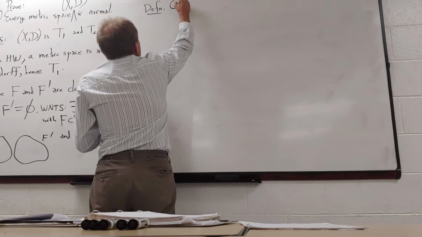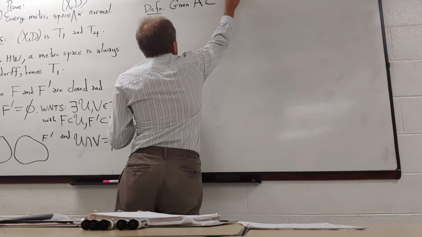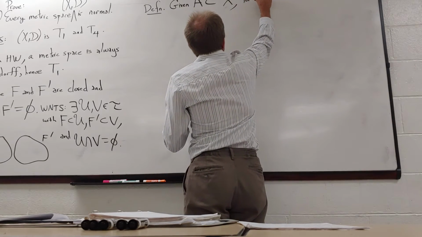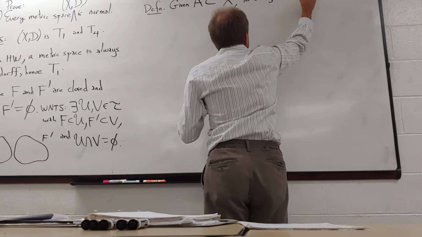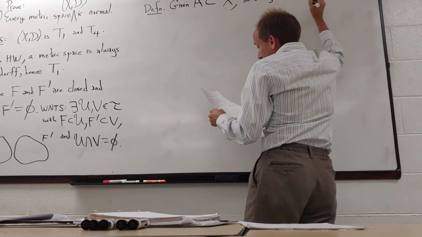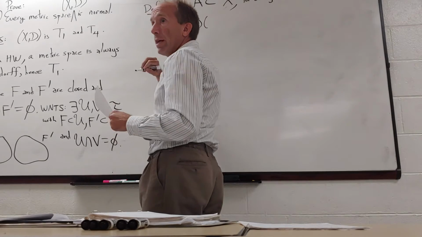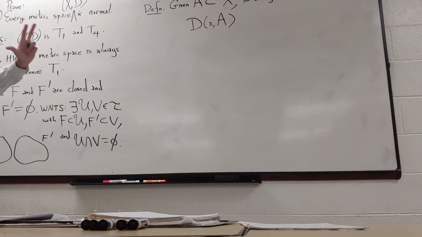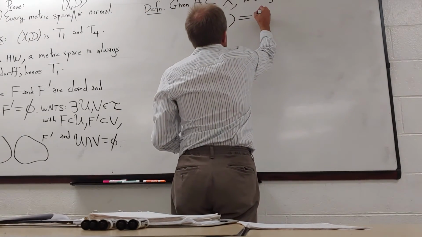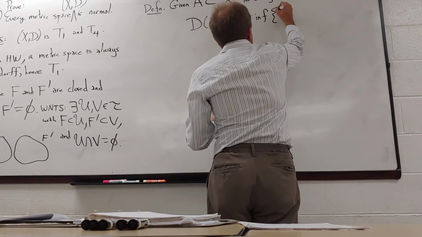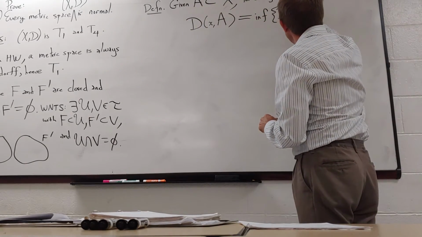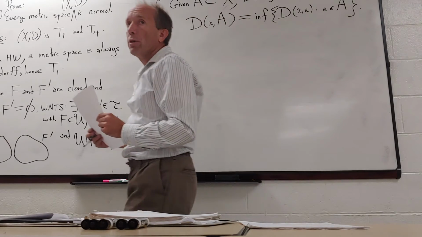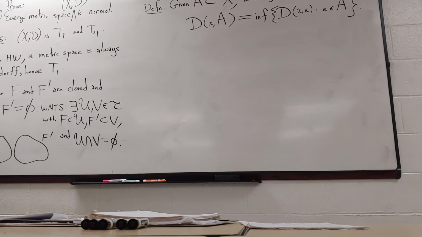Given A inside of X, a subset of X, for every little x in the capital X, I'm going to define what I'll write as capital D, the distance from x to the whole set A. So from a single point x to the whole set A, this is defined as the infimum of the distance d(x, a), where little a runs throughout the whole set A. That may look a little familiar from the take-home test, but it's actually not the same at all.